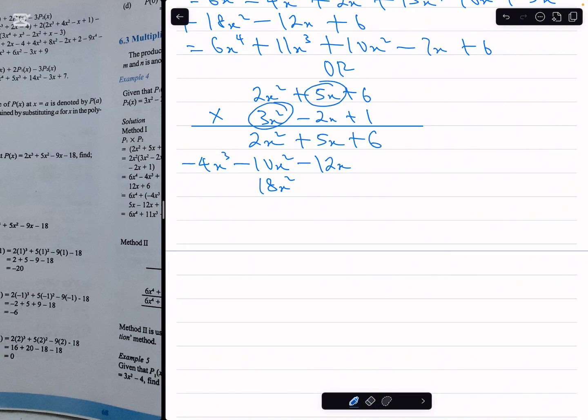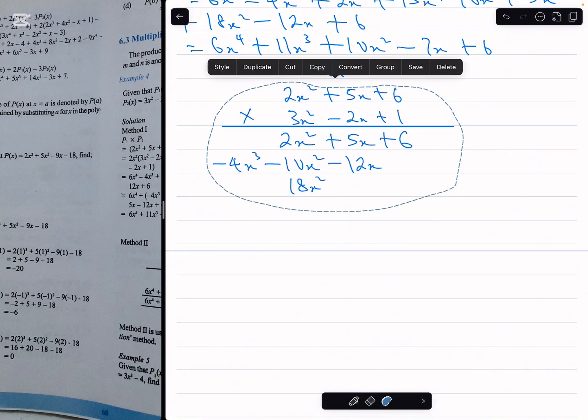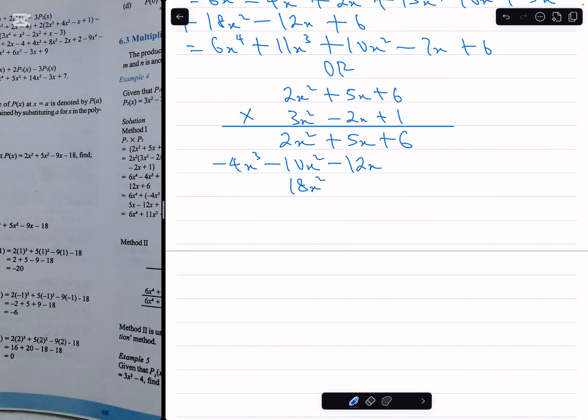The next one is 3x squared times 5x. That's plus 15x cubed. And I'll write that under the x cubed term. This is plus 18x squared, plus 15x cubed.